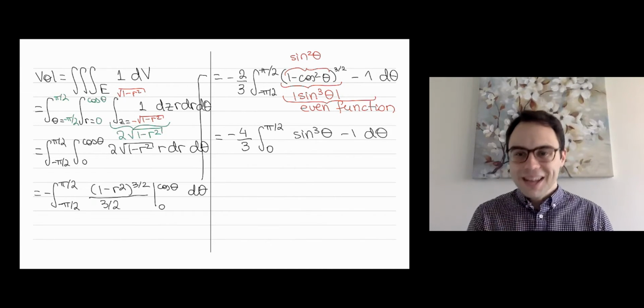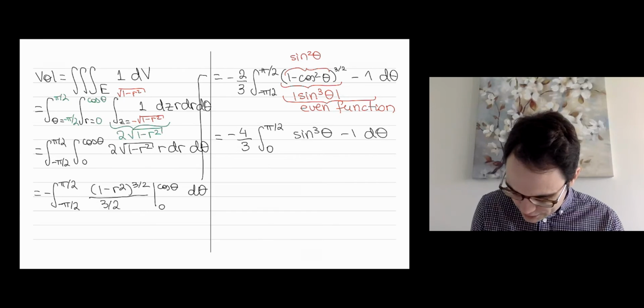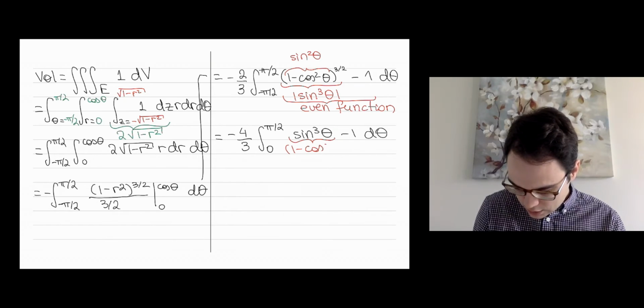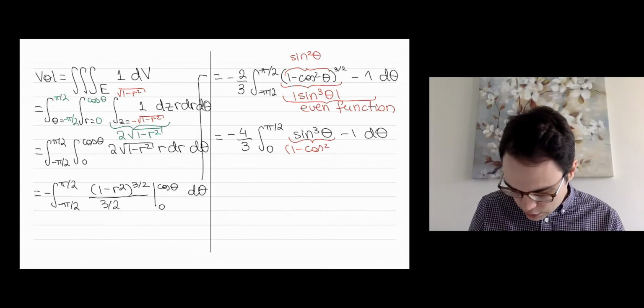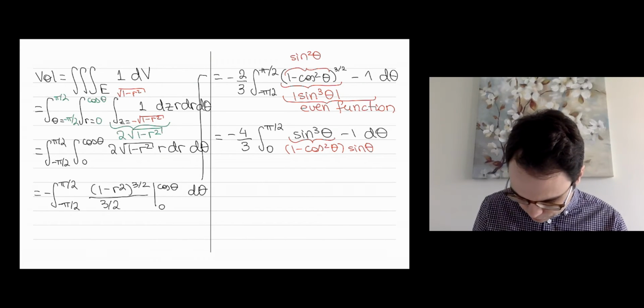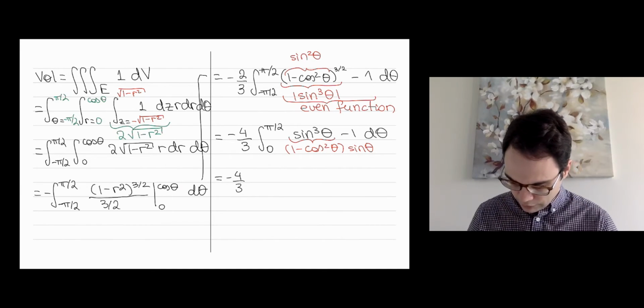Okay, now next, to integrate sine cubed, here's the trick. I observe this is sine squared times sine. Sine squared is 1 minus cosine squared. And then just keep the sine over there. So we can evaluate this directly.